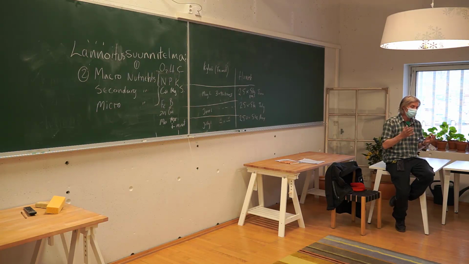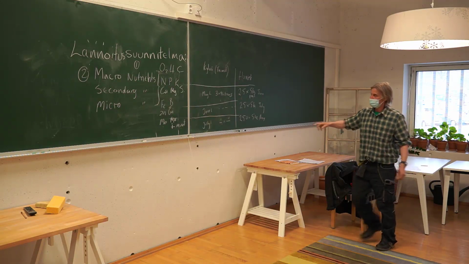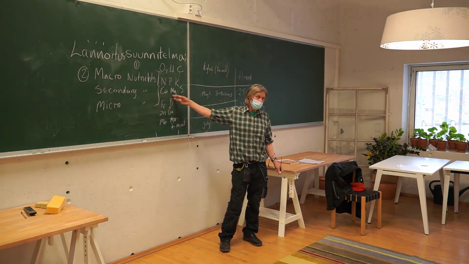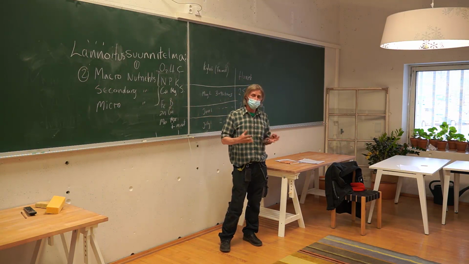Now, some of the soils in the world, Southern California, the black soils in the Ukraine, are very rich in minerals. In Britain, we have this chalky soil that's full of calcium and magnesium naturally. We don't need to add any. In Finland, we've got very poor soils.